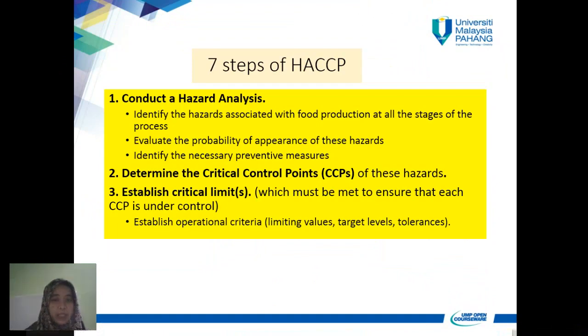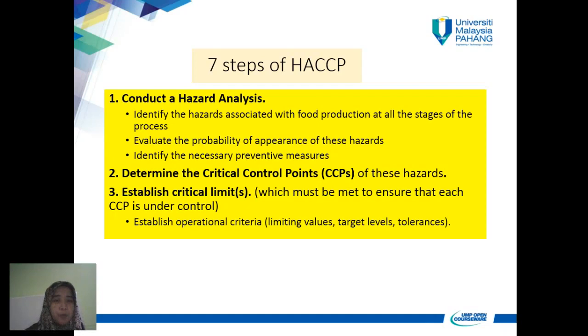Okay, so evaluate the probability of appearance of these hazards. Identify the necessary preventive measures. Okay, then we go step by step. So for example, for the first step, is there any hazard? Okay, if there is, then identify whether it is a CCP or not, critical control point or not.